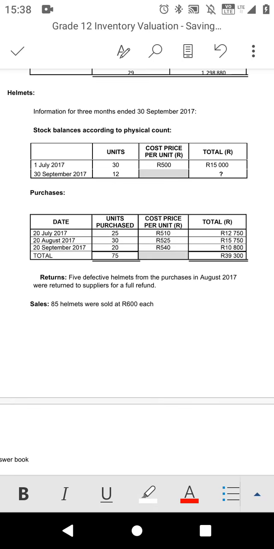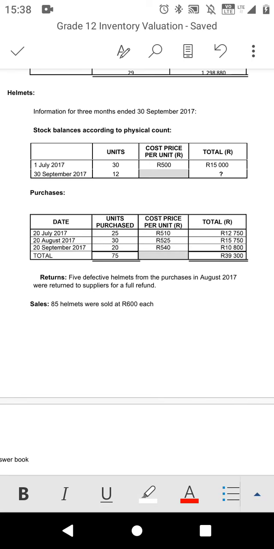It was in the August purchase. The August purchase cost price was 525. So we have to say 525 multiplied by 5 units of return.